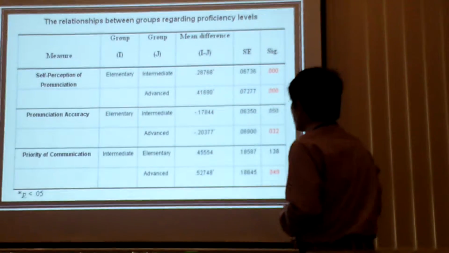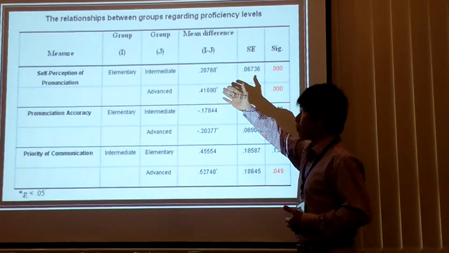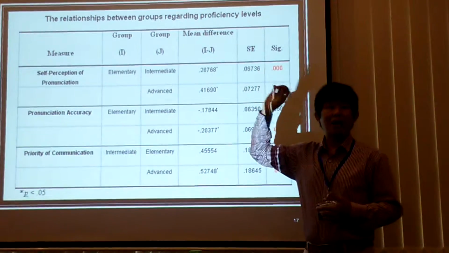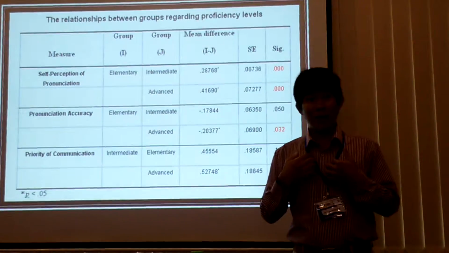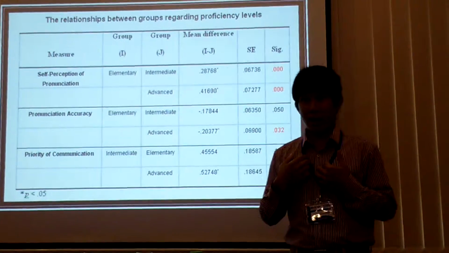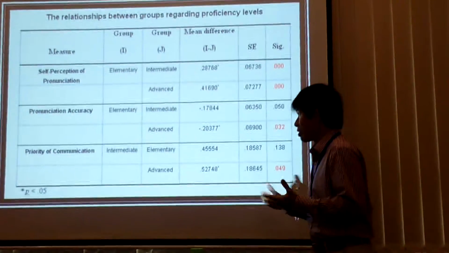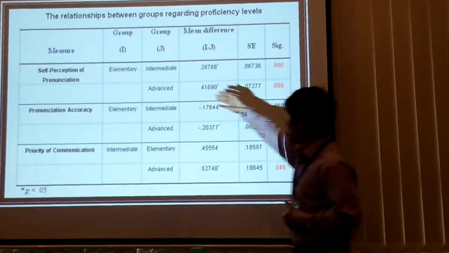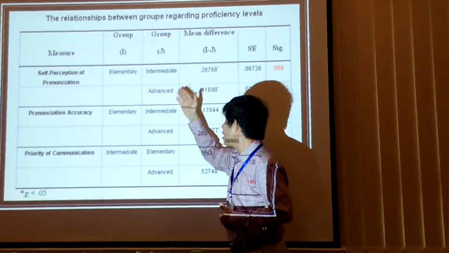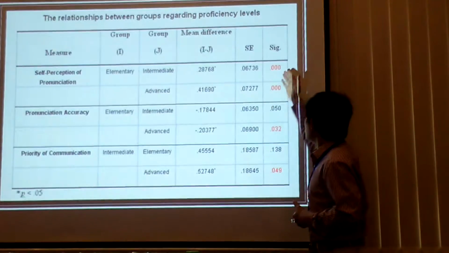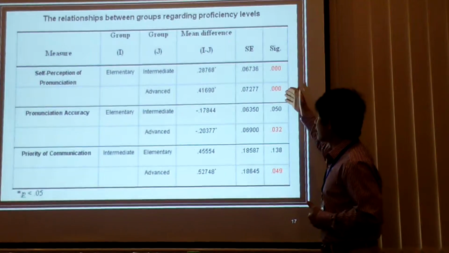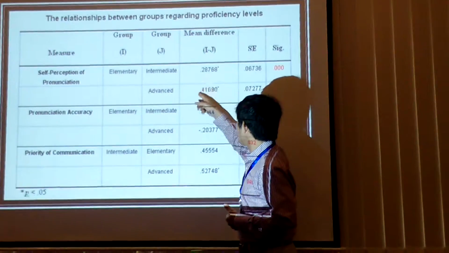For example, when you look at self-perception of pronunciation, remember the statement, I'm worried about my errors in pronunciation. And you see 3 groups here, elementary, intermediate, and advanced. And you see the significant difference. And here you see the positive number.